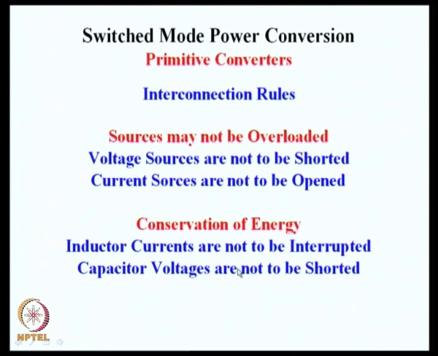So, the two interconnection rules are here: that the source may not be overloaded, which can be translated into no short circuiting of the voltage sources and no open circuit of the current sources, and then the energy has to be conserved, which indicates that the inductor current may not be interrupted and the capacitor voltage should not be shorted.